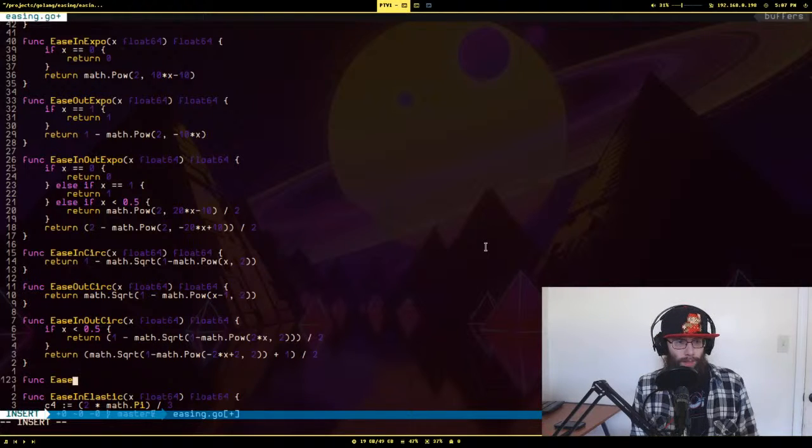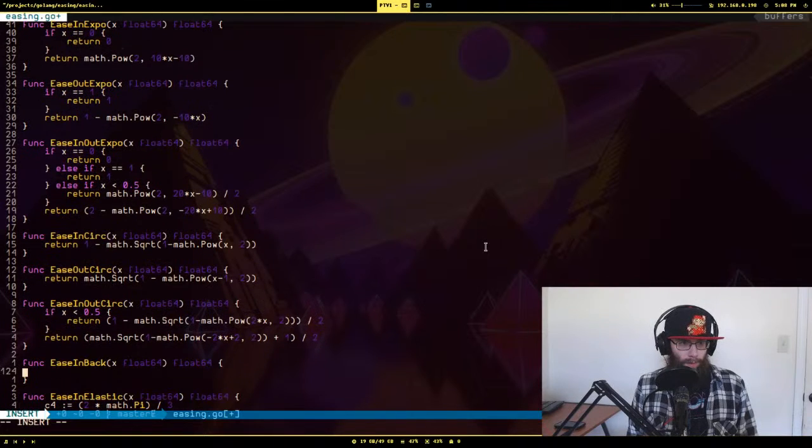Func ease in back. A specific number. C1 equals 1.70158.